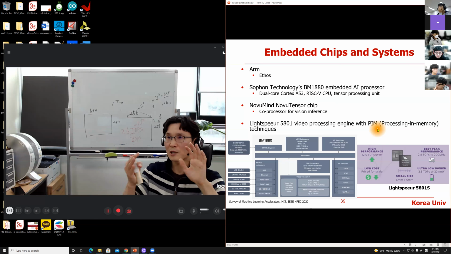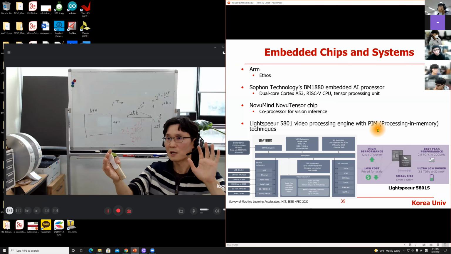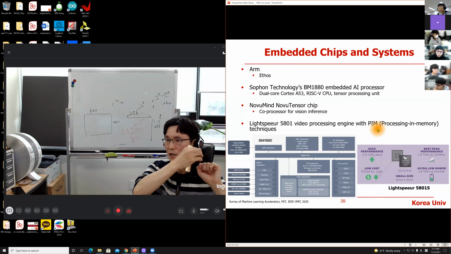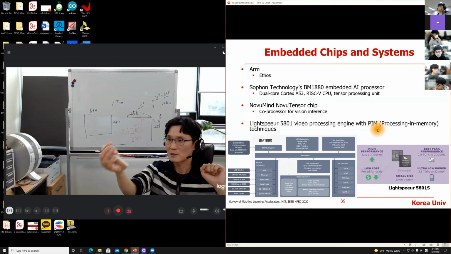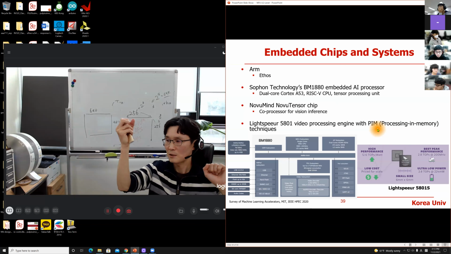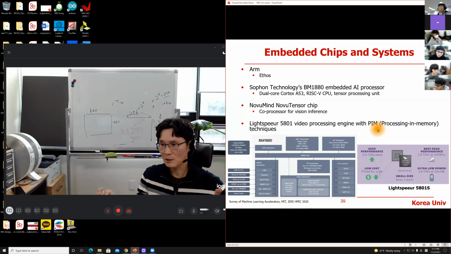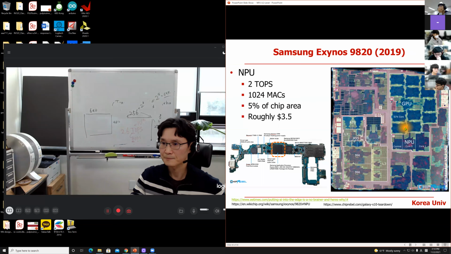In that way you can avoid data movement from memory to the CPU, because that is very expensive. It is not only taking time but also power consumption. So by taking this approach, it has advantages in both ways.